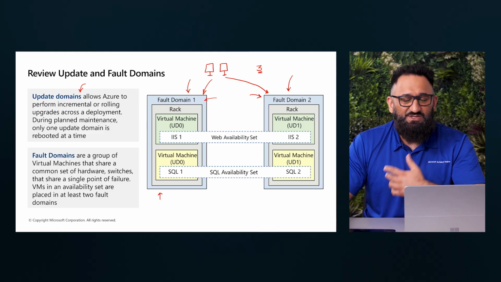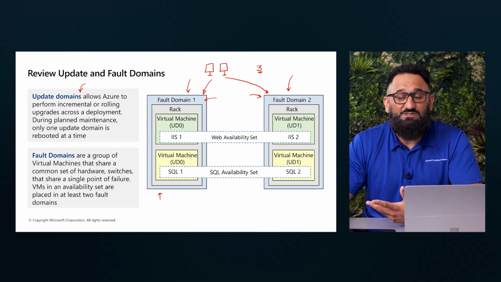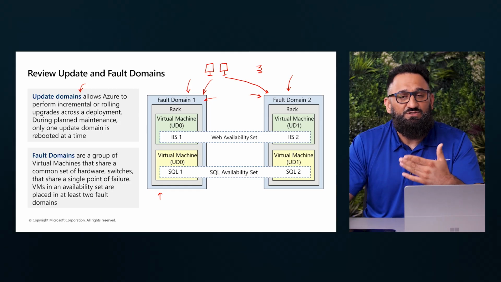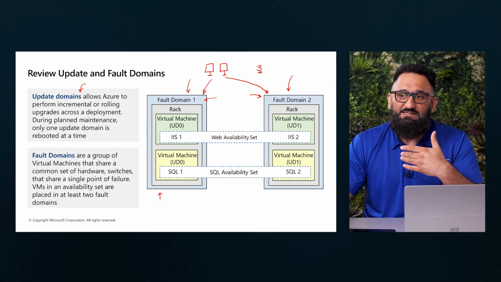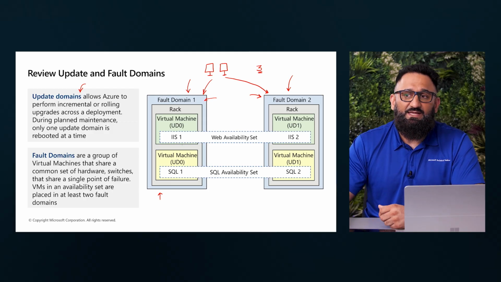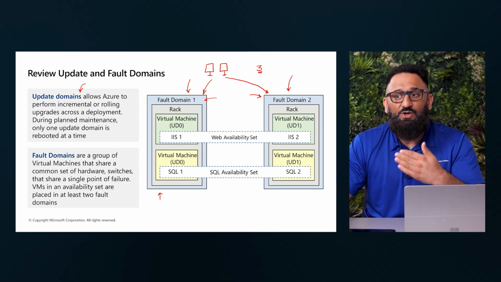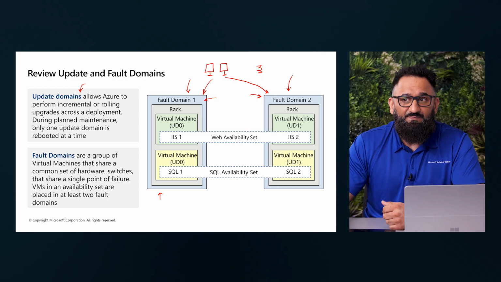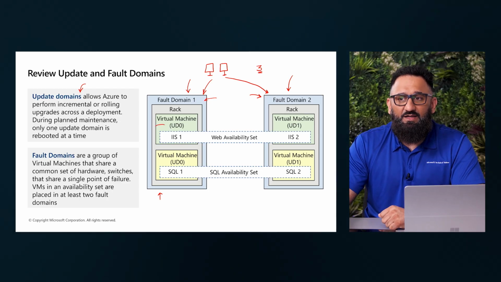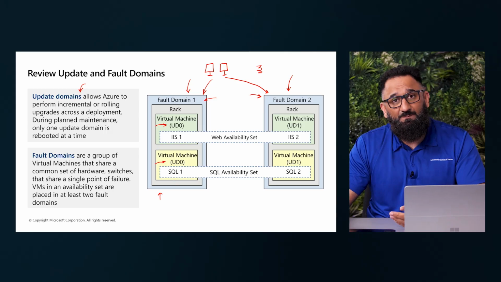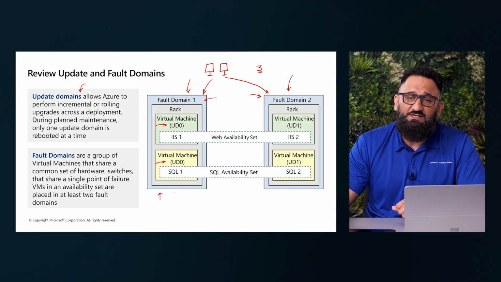We don't want to switch the entire rack down and start doing those changes. On a single rack, you might have multiple servers connected to it. What we would like to do is pick up resources that are configured within a rack on different update domains. For example, in this scenario, I have different virtual machines running on the same update domain. Now, I could have multiple update domains configured in my environment.